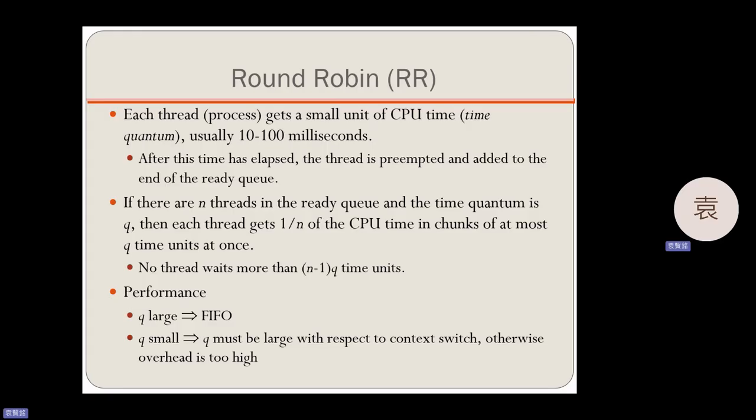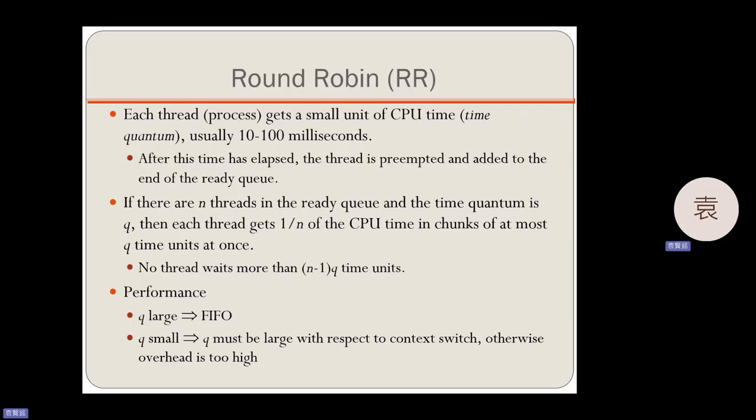And the process at the front of the ready queue will be selected as the next candidate. If there are n threads in the ready queue and the time quantum is q, then each thread gets 1 over n of the CPU time in chunks of at most q time units at once. So no thread will wait more than n minus 1 times q time units.